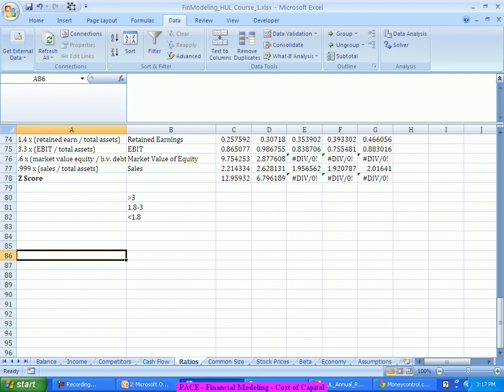But since we have projected that the share capital is constant for the next 5 years, which means no new equity is getting issued, whatever the cost is, that's the cost of retained earnings itself.